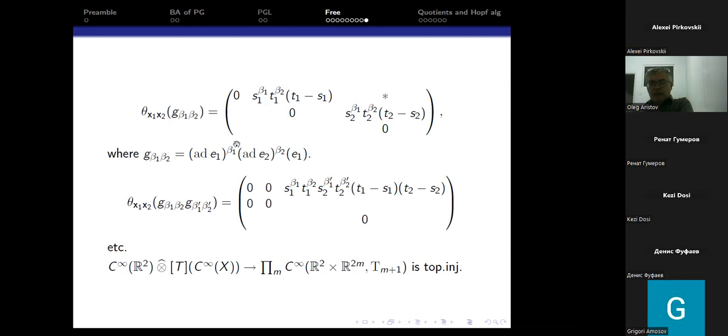And when we multiply two matrices of this type, then the element in the first place of the first matrix multiplies the element of the second place of the second matrix, and all this goes to the corner. And so we have a similar formula.